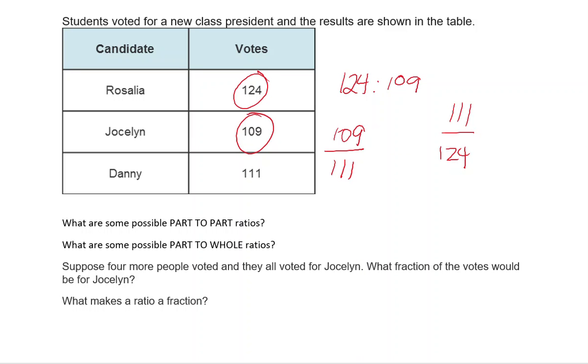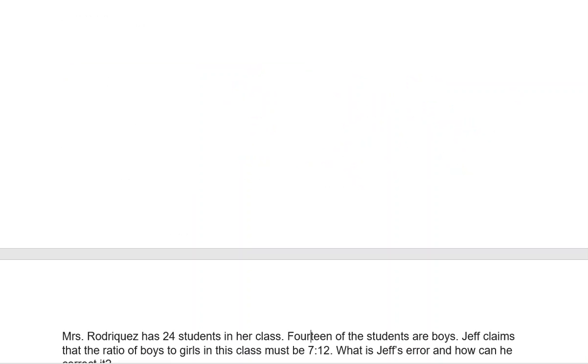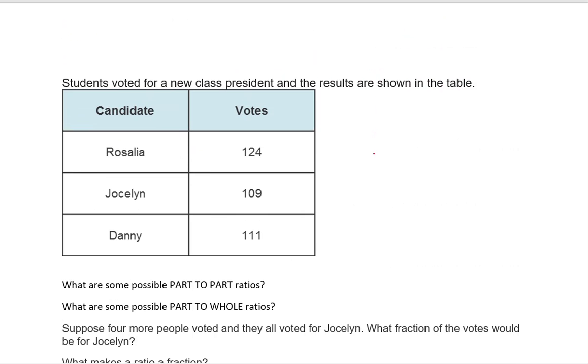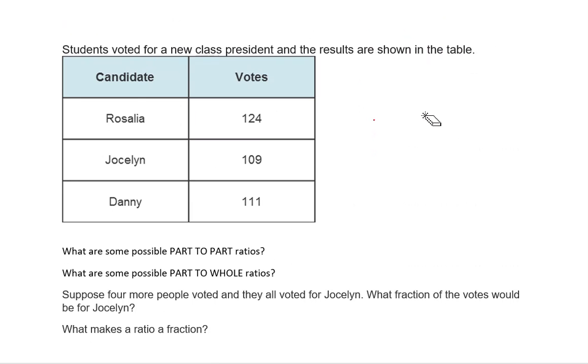A part-to-part ratio is not to be confused with a fraction. A part-to-part ratio is not a fraction because a fraction is comparing a part to a total. So when we talk about a fraction, that means we need to know the total number of votes that were cast for class president.